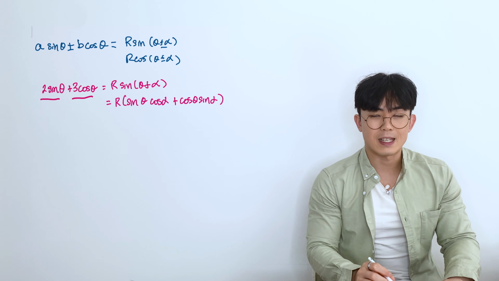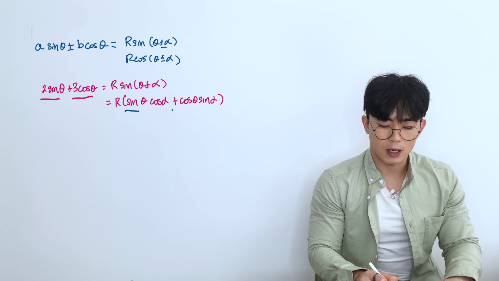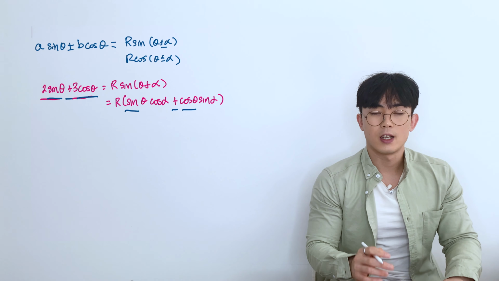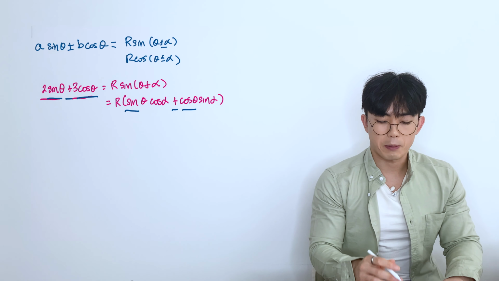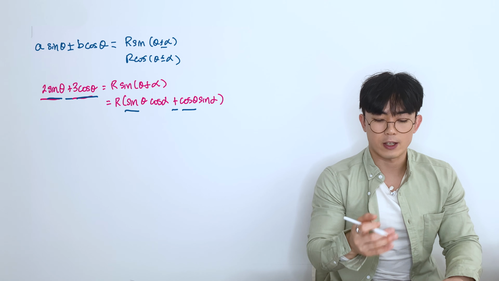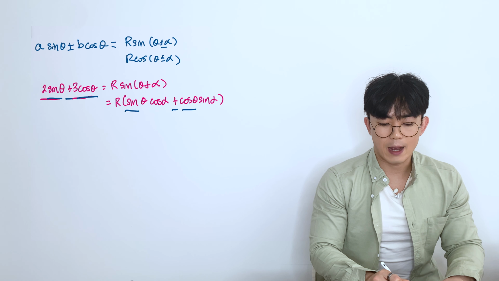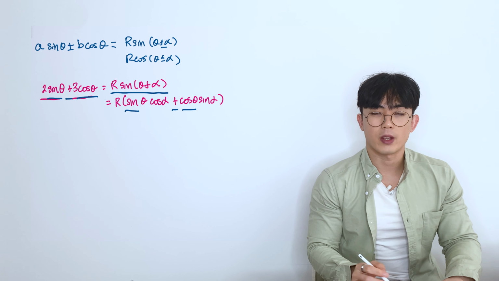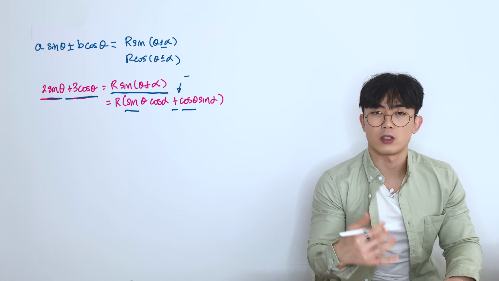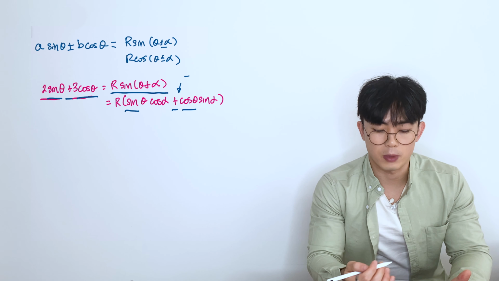As you can see, it's in a similar configuration, because we have sine theta here plus cos theta here. So they need to be matching. They both need to be pluses, and the order of the sine and cos, whichever one is in front, has to be in the right position. That's why I have to use r sine theta plus alpha. I couldn't use sine theta minus alpha, because then this would turn into minus, which is not going to be correct. That's why you need to be very familiar with the compound angle formula.